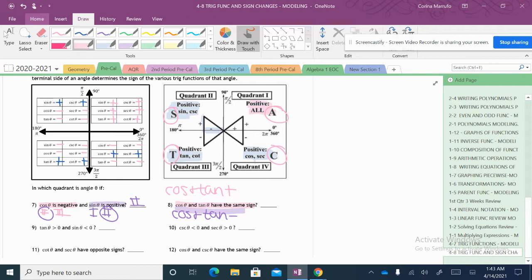Cosine and tangent are both positive in this quadrant. I think that's the only quadrant where they're both positive. And where they're both negative would be in the second quadrant. In the other quadrants, they're opposite signs. You can see here they're opposite signs. Okay, so they have the same sign in quadrant 1 and quadrant 2.